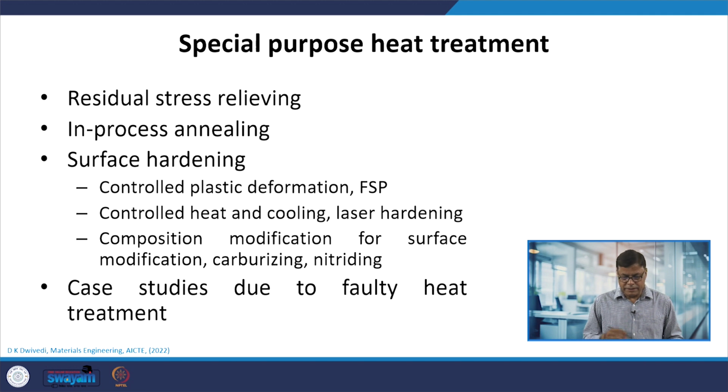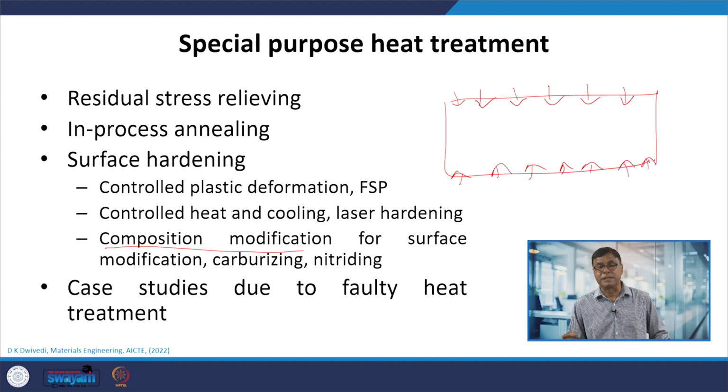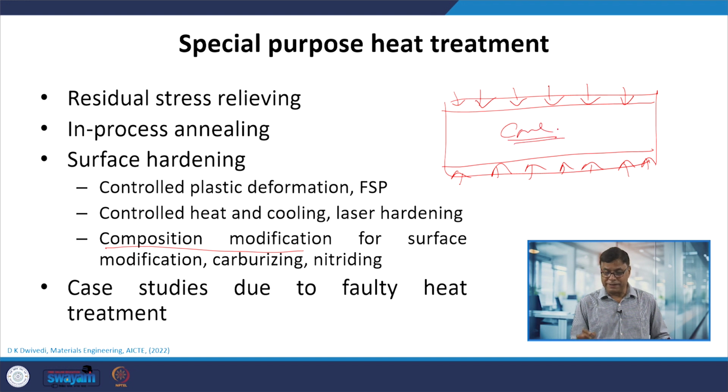The third approach here is where the composition of the surface layers is modified. Up to a certain depth we introduce unique elements near the surface layers. They either form compounds or help in achieving the desired phases near the surface layers in order to modify the properties, while the core remains unaffected.